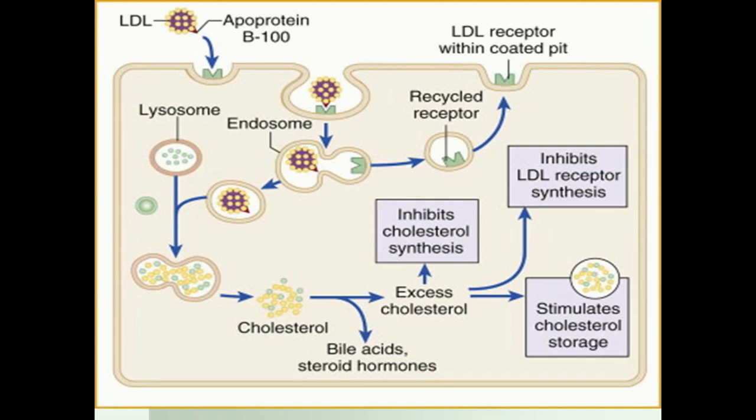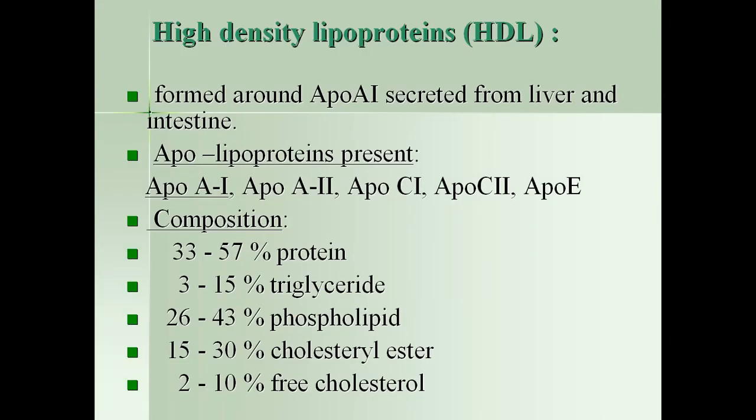Approximately 70% of LDL is degraded in the liver and the rest in extrahepatic tissues. Now metabolism of HDL. HDL is considered the good cholesterol, acting as an anti-atherogenic factor, formed around ApoA1 secreted from liver and intestine.